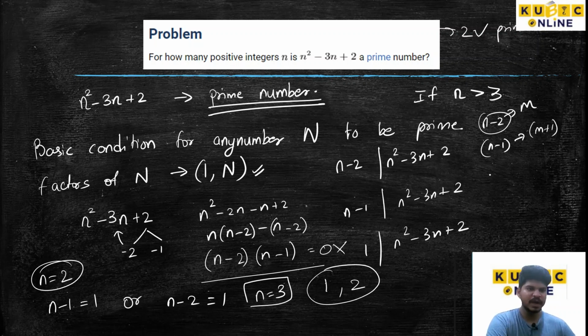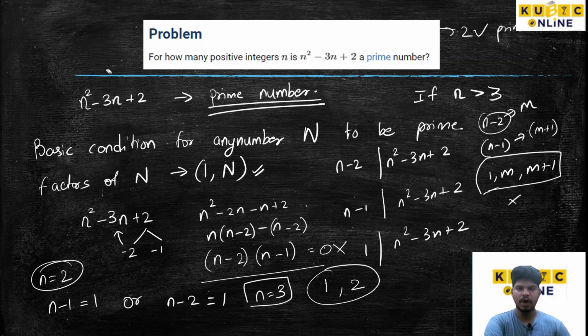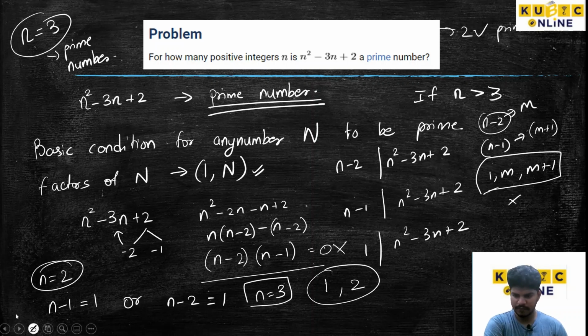So how many factors are there that we know? 1, m and m plus 1. These are all different factors. So it is not a prime number. So for how many integers n? For only one integer, that is n equal to 3, this is a prime number. So for only one integer.